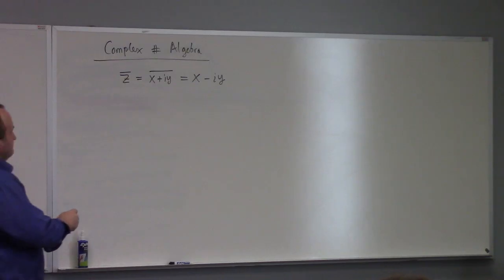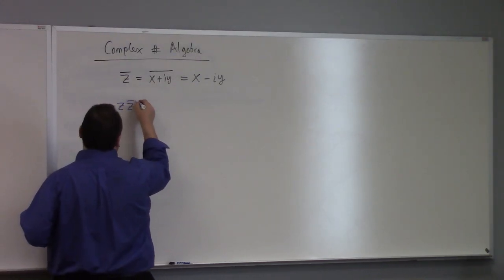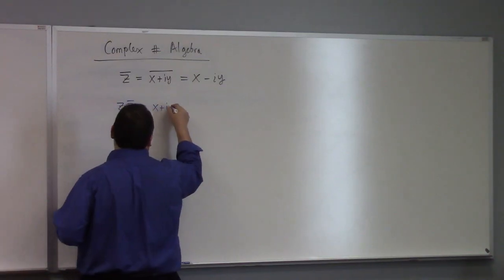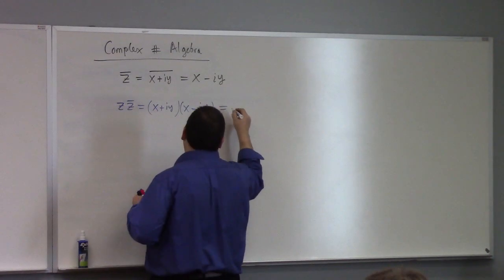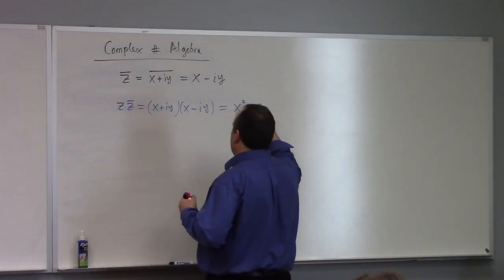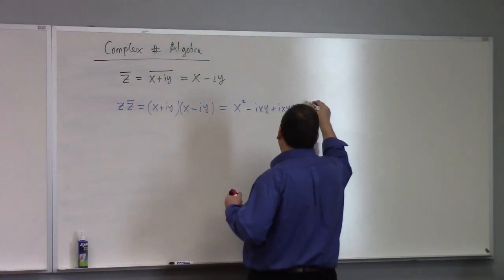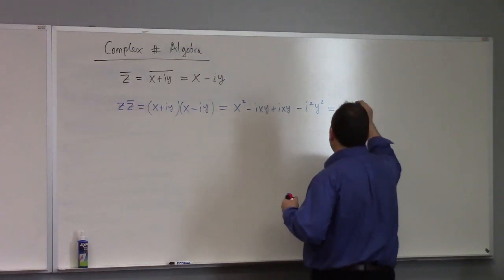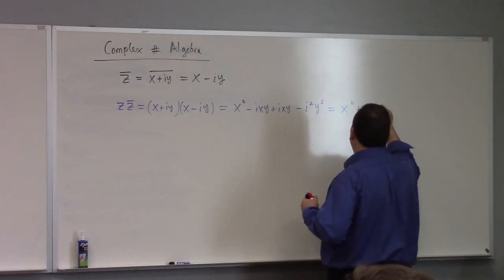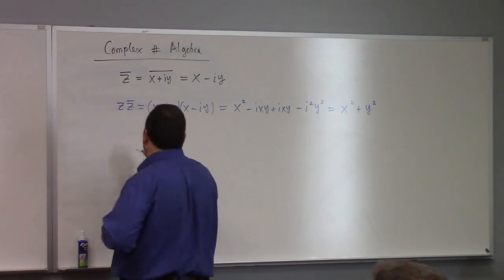So anyway, here z times z conjugate, what happens? We get x squared, minus ixy plus ixy minus i squared y squared, right? Also known as what? So there's actually a formula.